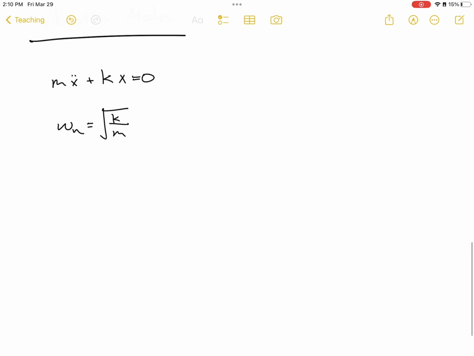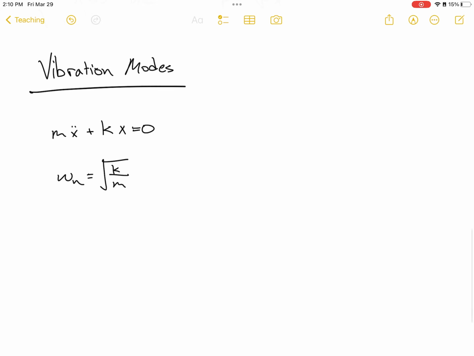And with a coupled system, for example, this system that we've been discussing, if you've got some undamped two mass system, so if there's two masses, if there's 2 degrees of freedom, then there are going to be 2 special frequencies that get this system to do something interesting.